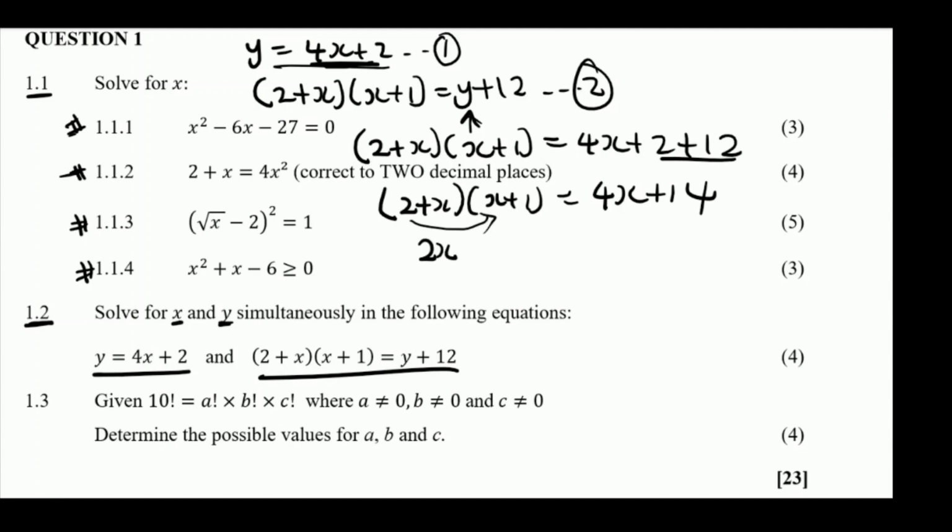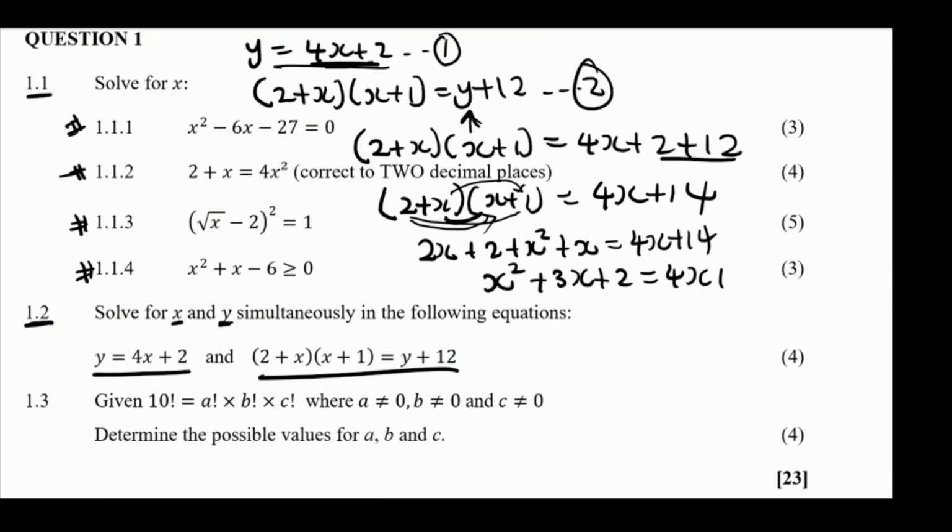We have 2x here, then 2 multiplied by 1 gives plus 2, x multiplied by x is x squared, and x multiplied by 1 is plus x, equals 4x plus 14. Then we add like terms: x squared plus 3x plus 2 equals 4x plus 14, right? Then you transpose everything from this side to the other side: x squared plus 3x minus 4x plus 2 minus 14 equals 0, right?